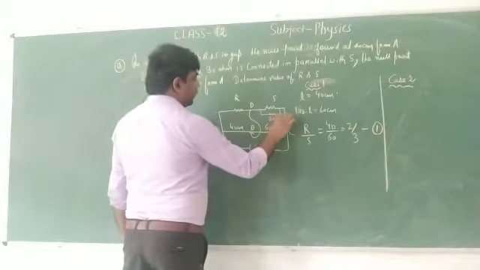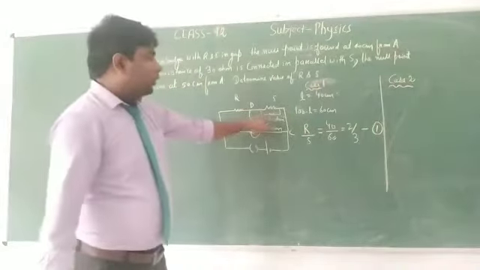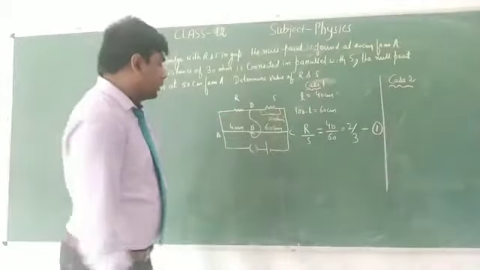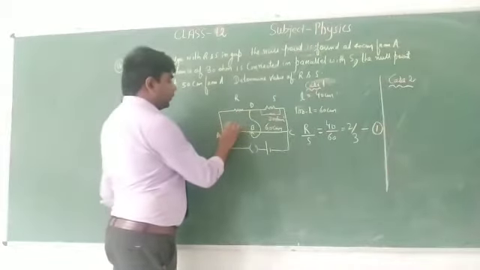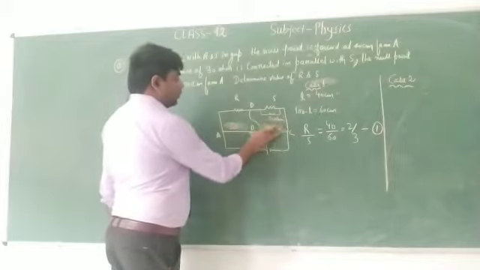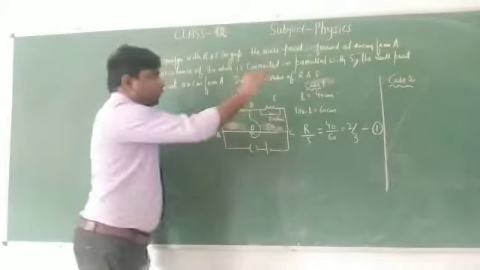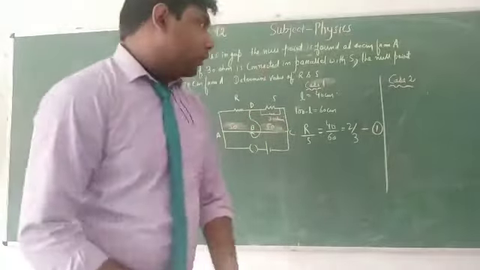Now see, 30 ohm is connected in parallel with S. See, the balance point shifts how much? To 50 centimeters. So here we get that.